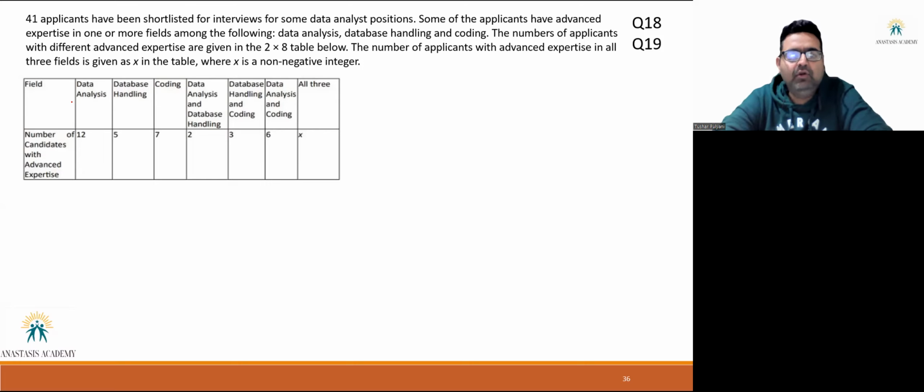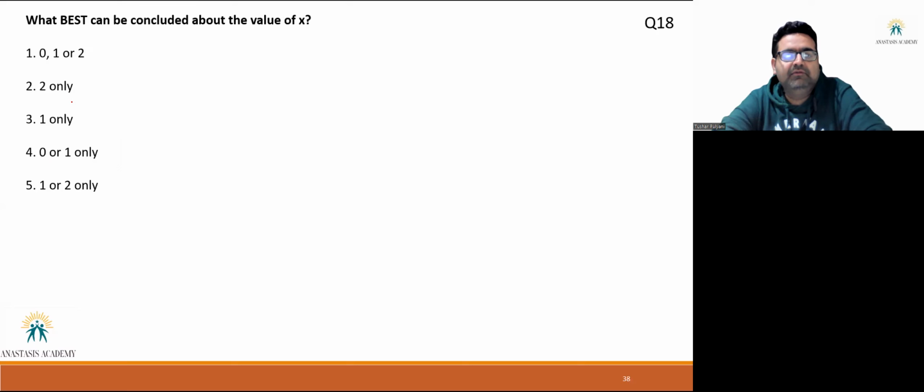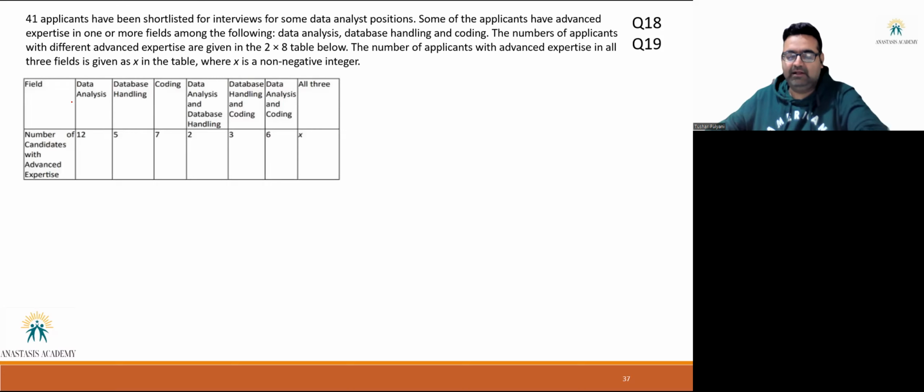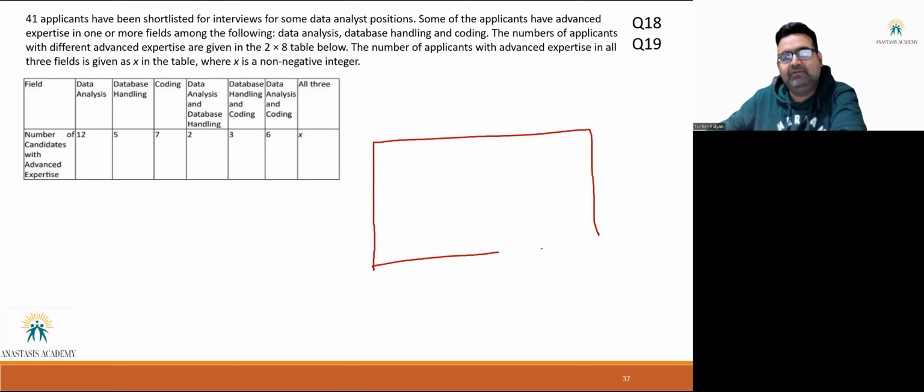You can even have a look at the two questions so that you know what you need to find out. They are basically asking you what are the possible values of X, and in the other question they're asking you how many have expertise in none, right? So when you draw a diagram, there are some people outside the three bubbles. The sample space is 41 here.